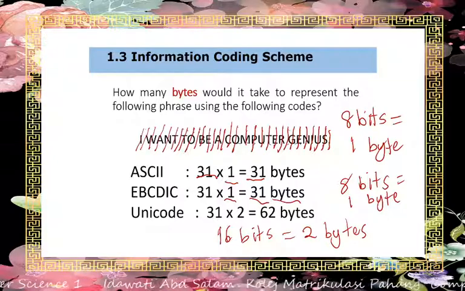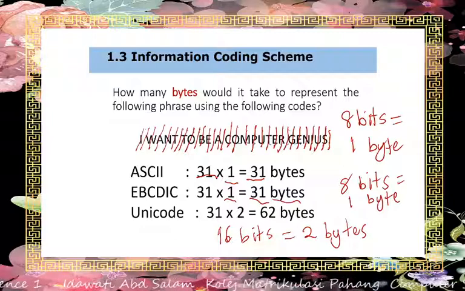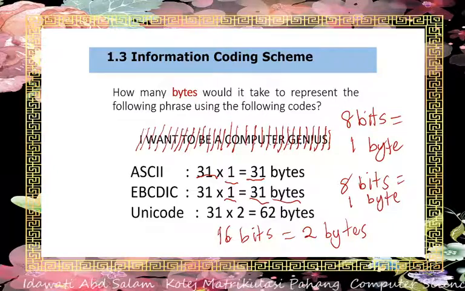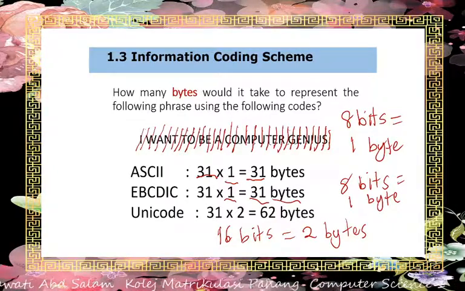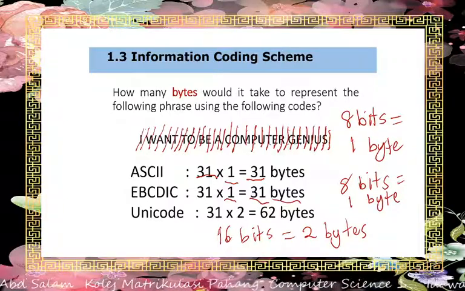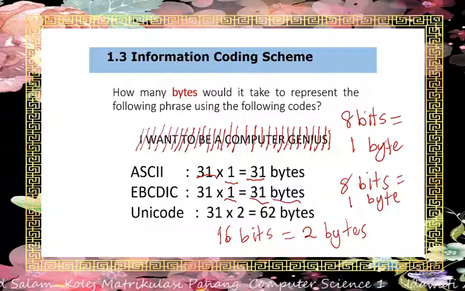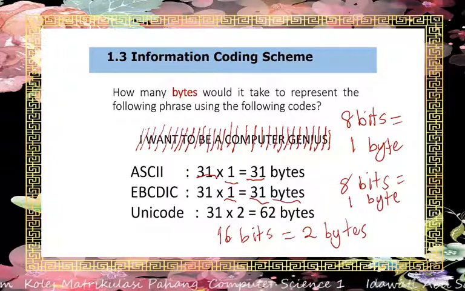And the last one, for Unicode, we will multiply 31 characters with 2. Then we will have 62 bytes to represent "I want to be a computer genius."